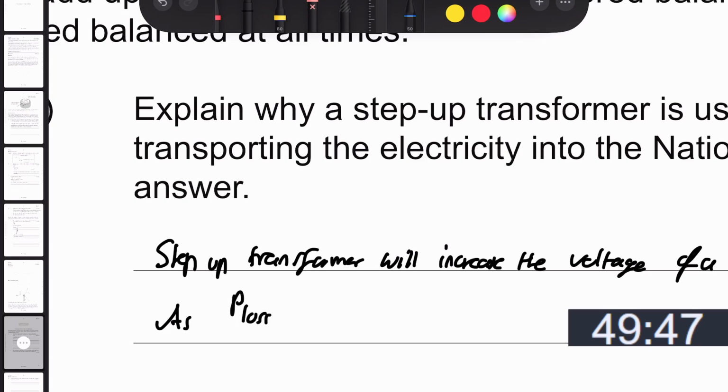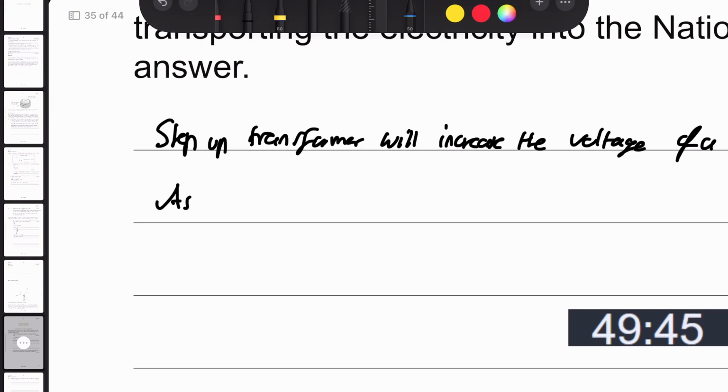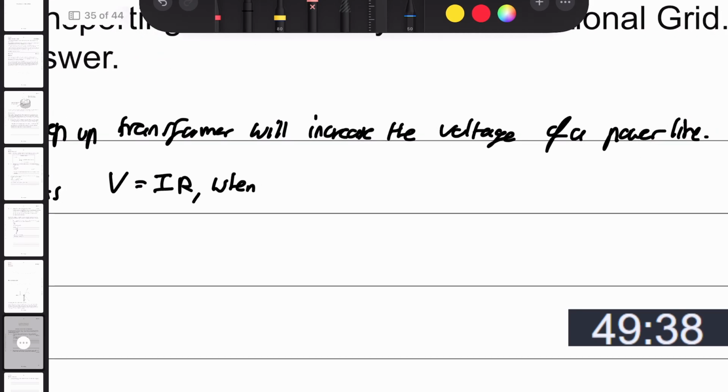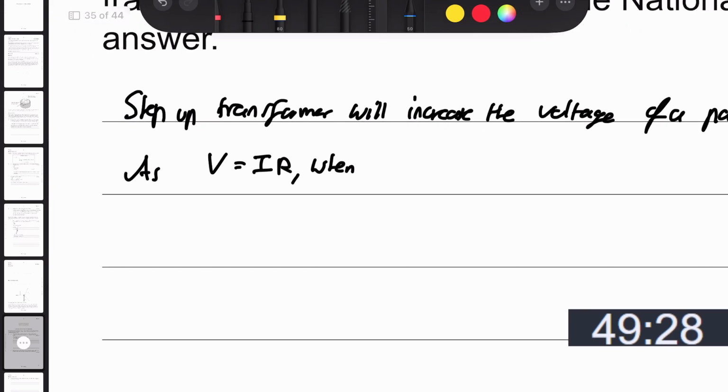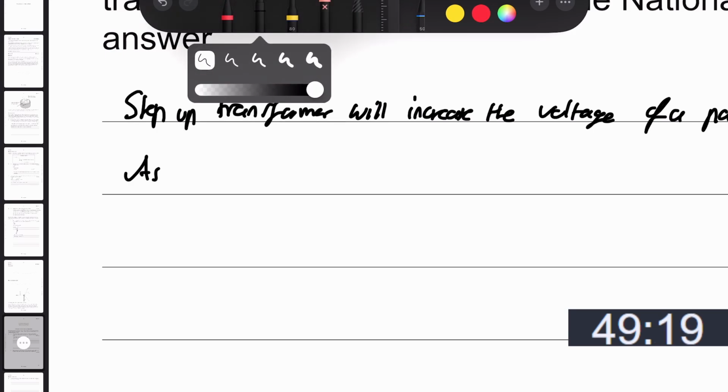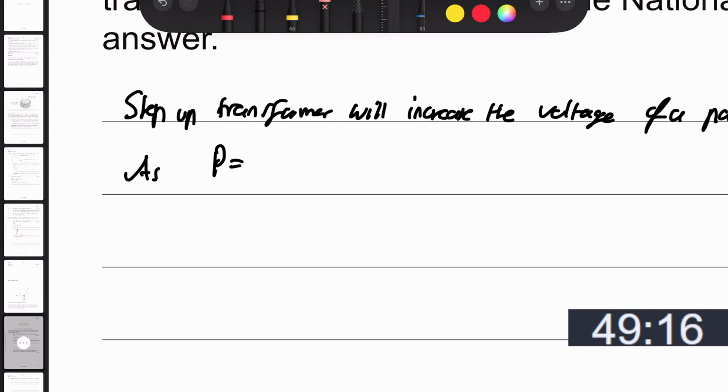P loss, actually known as voltage equals IR. Wait, no, P equals, right, so then I'll say here P equals VI.